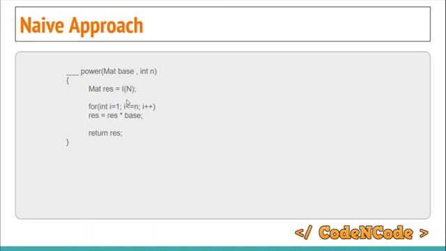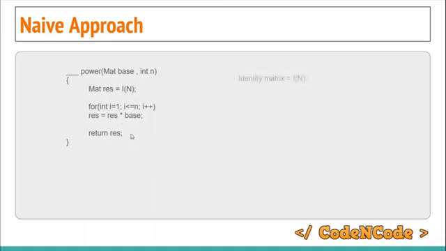So far so good. So to calculate matrix A raised to power n, we would take a matrix of the same dimension as the base matrix, and we are talking about square matrices here specifically. So we would take a square identity matrix of order n, which would be the order of the base matrix, and then n times we would multiply result with base and then return the result.